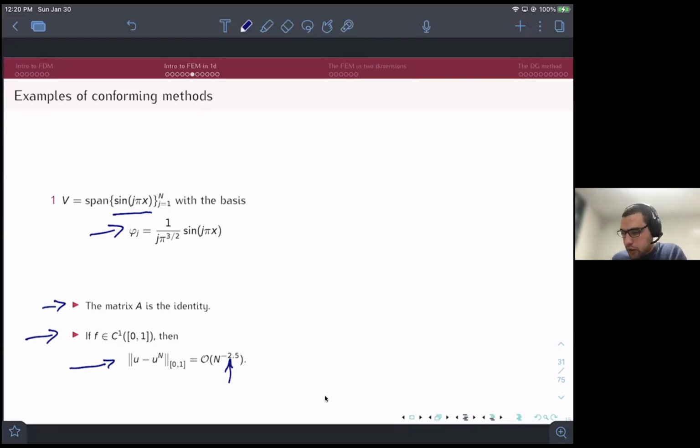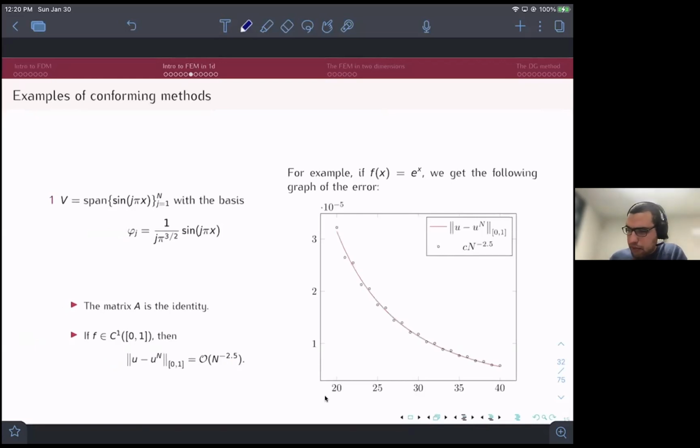So if I look at this approximation, it is fine. I could, for example, take my function e to the x and look at a plot of the error, and you could see that the error actually behaves like C n to the negative 2.5.